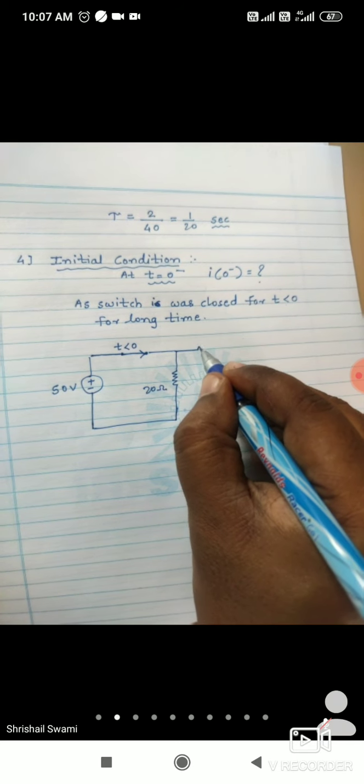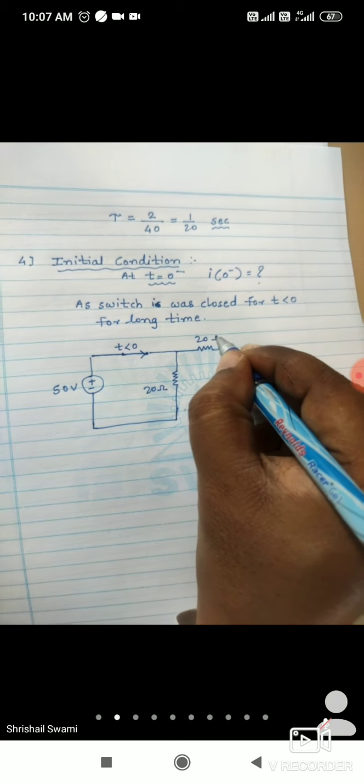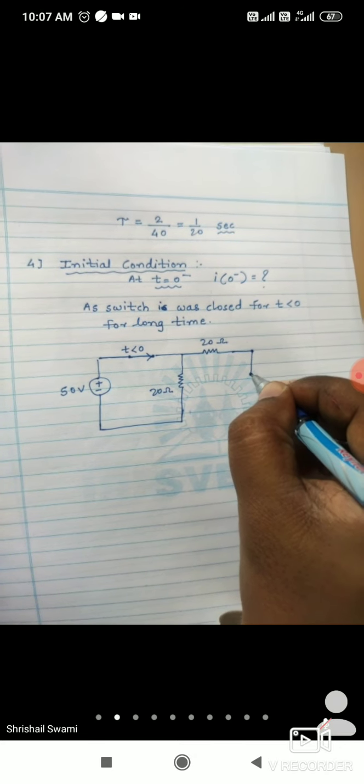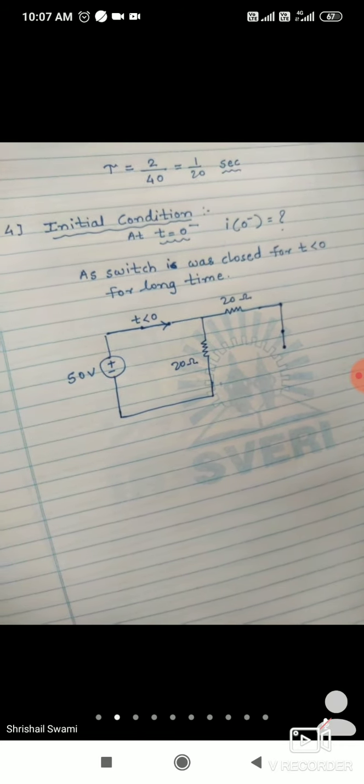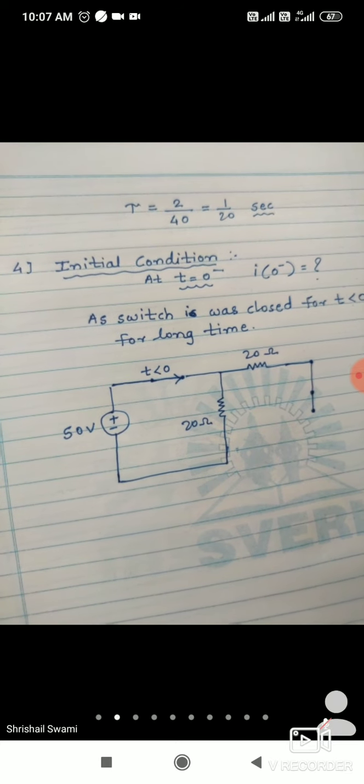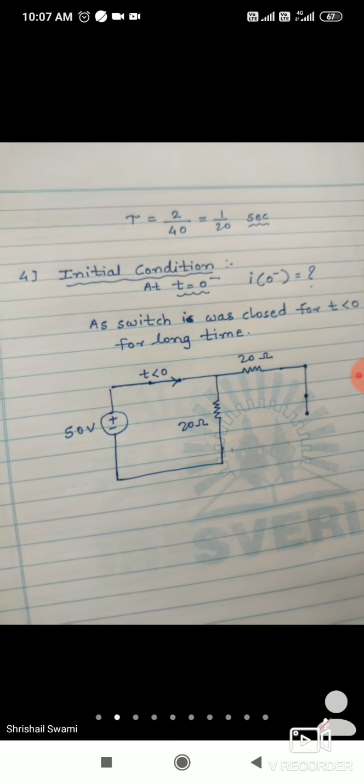Now next, this resistor will be 20 ohm. So when the switch was closed for a long time, then what will the inductor act as? I have given the initial condition or final condition, you can check. That is table number 2.